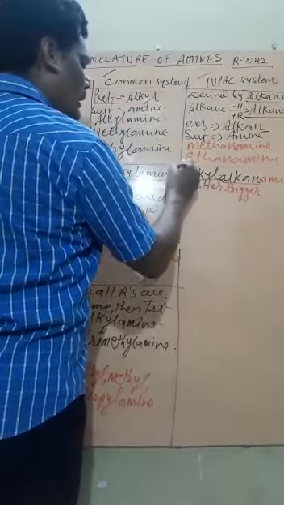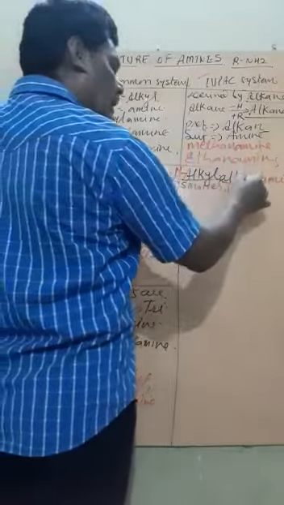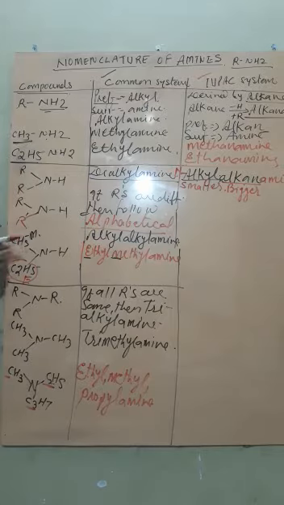But the most important thing is that the alkyl must be preceded by capital N. So we will write N-alkyl alkanamine. Like here, suppose this compound has methyl and ethyl. Out of these, CH3 is smaller and C2H5 is bigger. So the smaller will become the substituent or primary prefix.